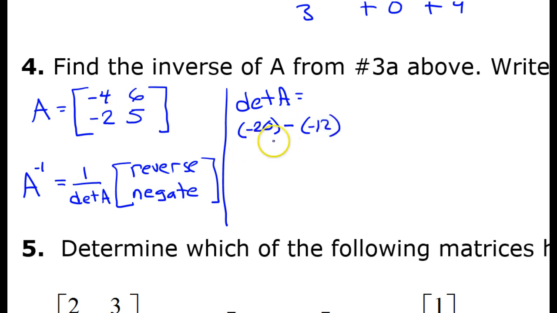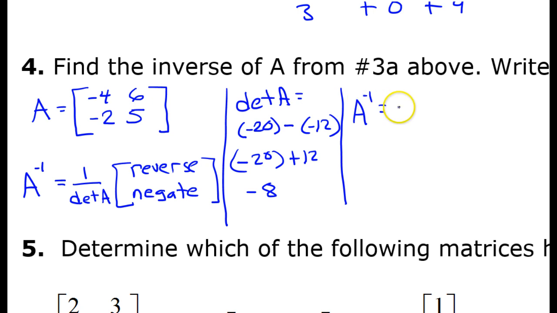Put that all together and you get -8, because this is really -20 plus 12, and that is -8. So that is the determinant of matrix A, which means that A inverse is going to equal 1 over -8, or -1/8, times the reverse negate matrix.